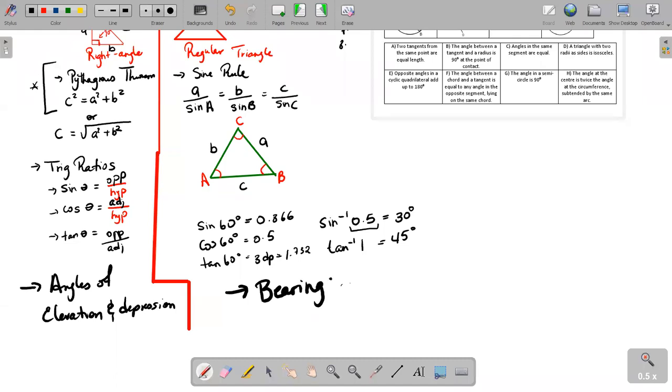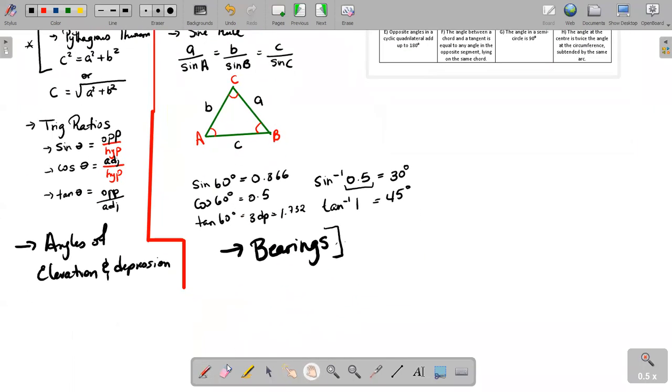And to be honest, bearings ain't as hard as people think. Yeah, bearings ain't that hard. So bearings is where we're going to use the sine rule. And the last rule that we need to look at is the cosine rule, which comes on the exam as well. The formula comes on the exam.